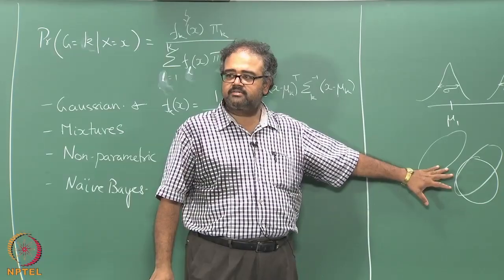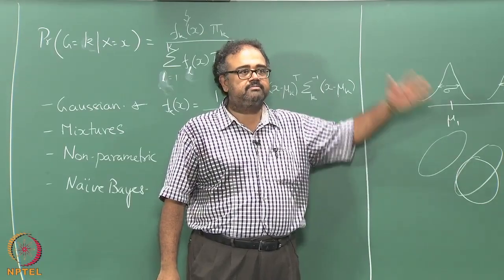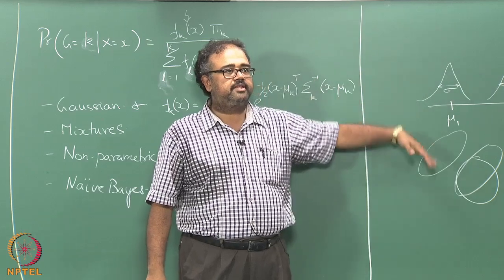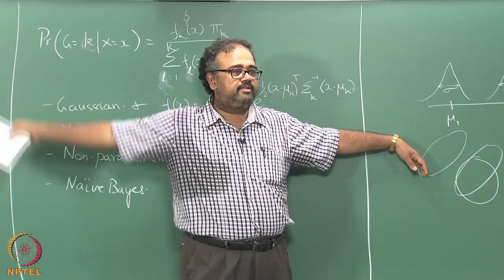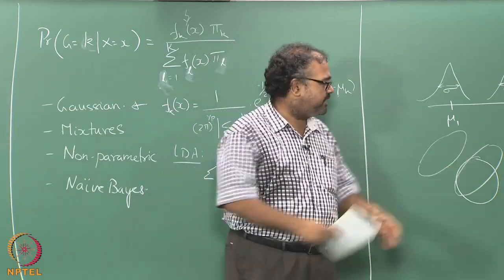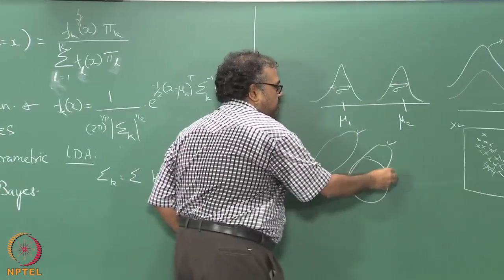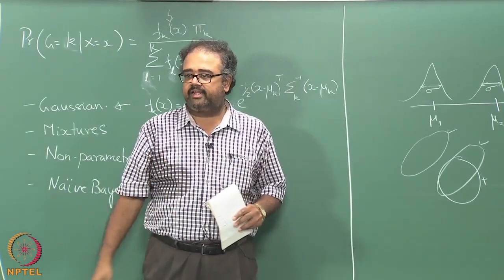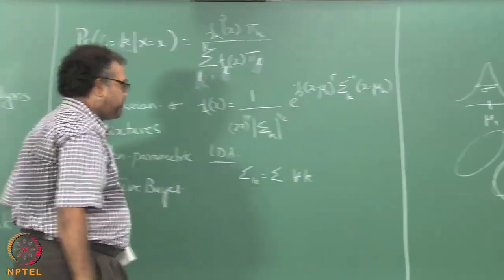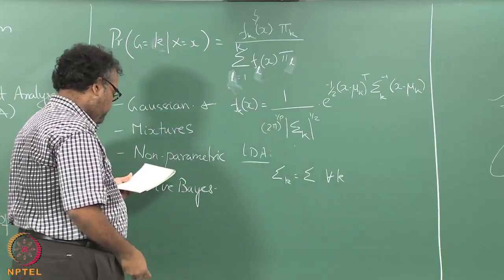Does it make sense? Are people able to visualize what I mean? Can you see that at the back or on the TV there? So both the classes have to look similar in terms of the variance. That is essentially the assumption we make here.